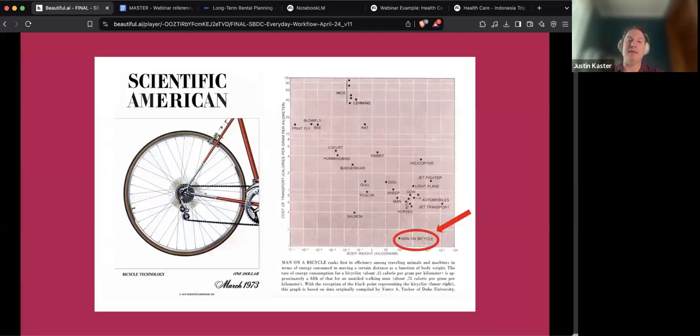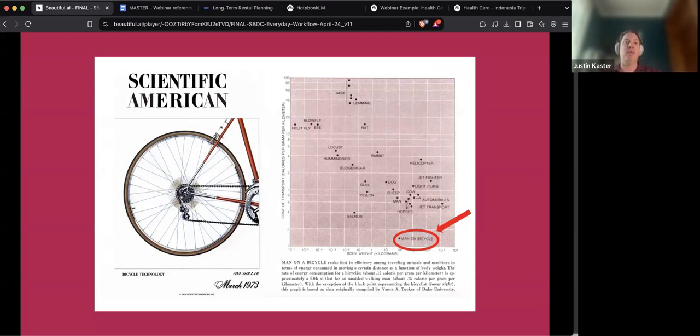This is a study that was done in 1973 where they took a look at all the animals in the world, including humans, and how efficient they were with their energy use. The condor was by far the most efficient animal in the world.